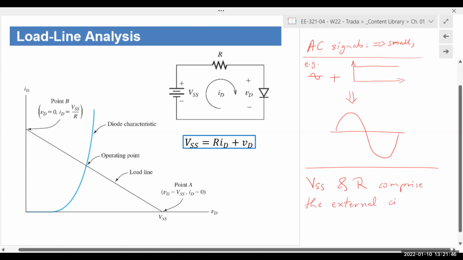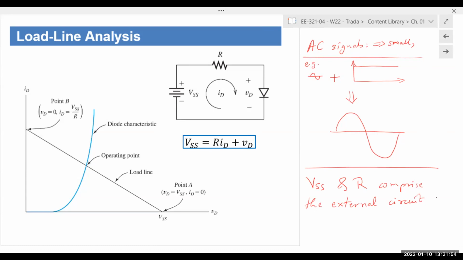And this external circuit places constraints on the operation of this diode. So you cannot operate beyond these limits, which makes sense, right? I mean, if VSS is only 20 volts, this diode cannot operate beyond 20 volts, right? That just makes logical sense.